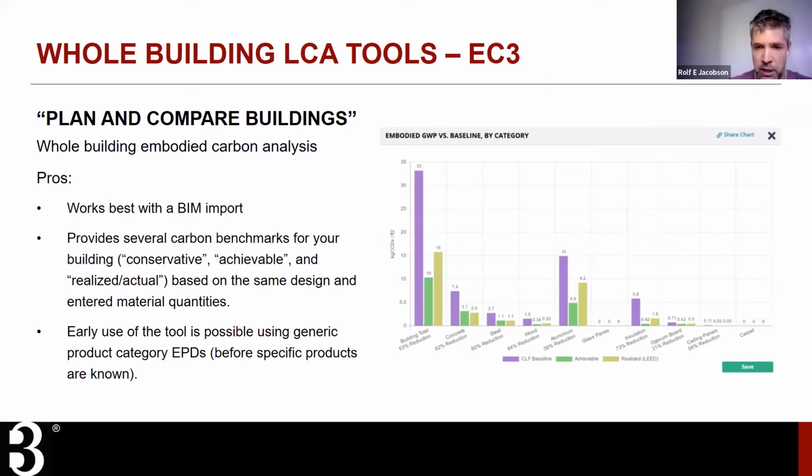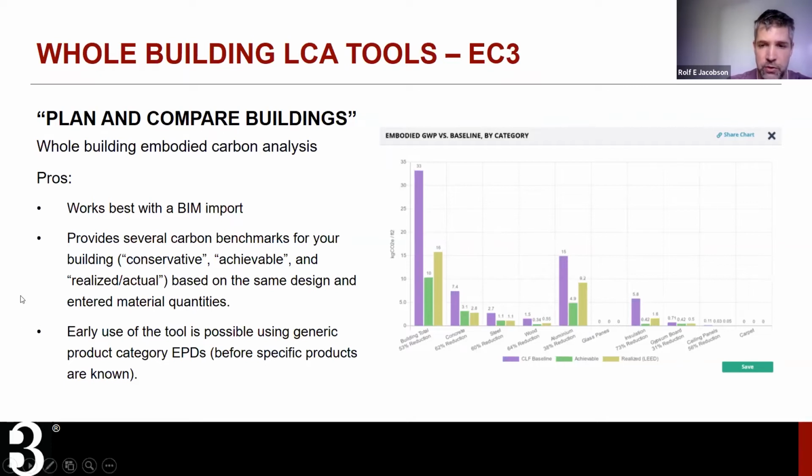One is what they call a Carbon Leadership Forum baseline. That's the purple. The green is showing what they think is achievable, kind of the best performance in class. And the gold is the realized, or the building as designed. And so you can see across this spectrum of different building components how your building is stacking up against the baseline and what's achievable.